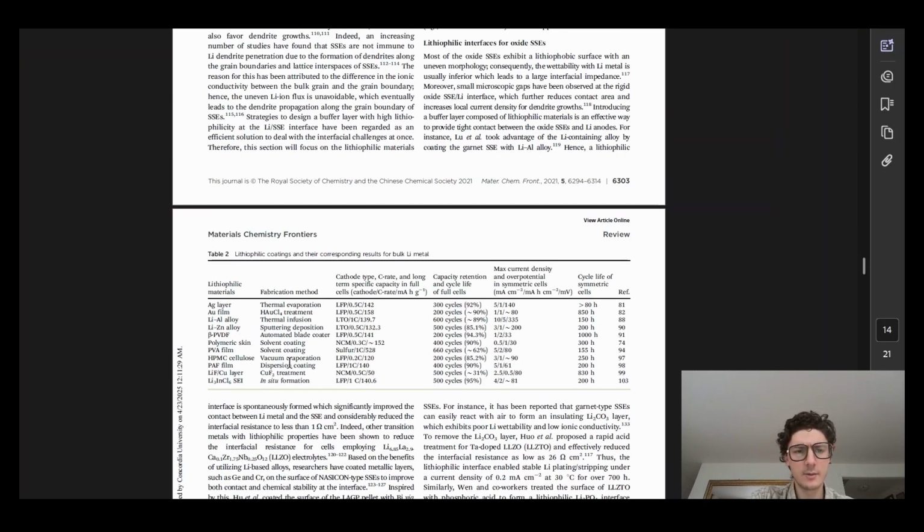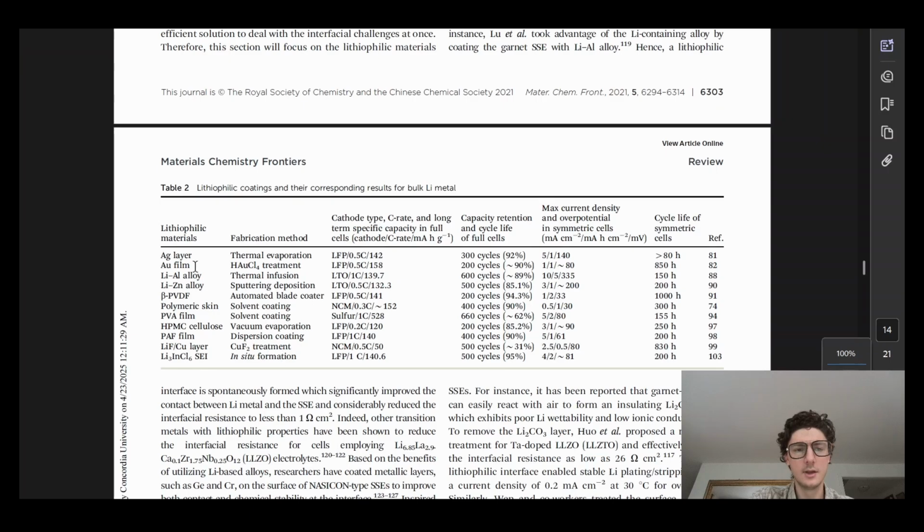Here we have another table, and I'm assuming lithophilic coatings and their corresponding results for bulk lithium metal. Lithophilic materials, fabrication method, cathode type, C rate, long-term specific capacity, capacity retention. So this is another interesting table.